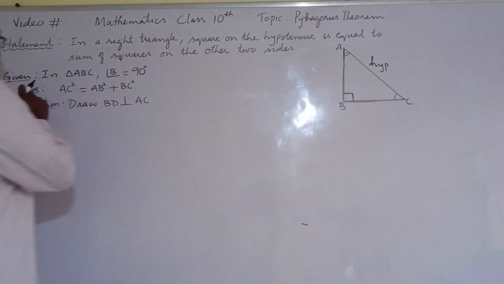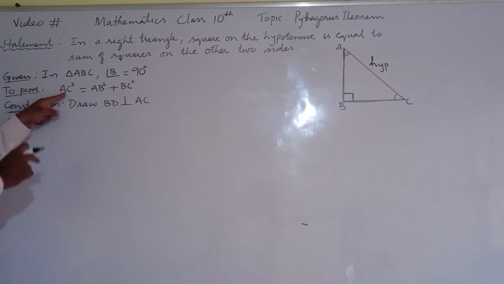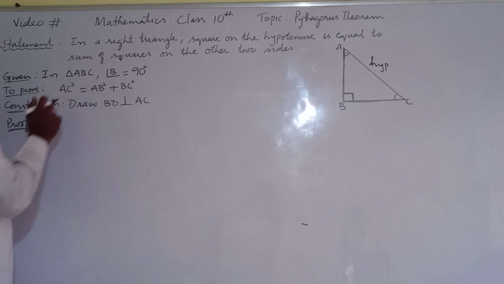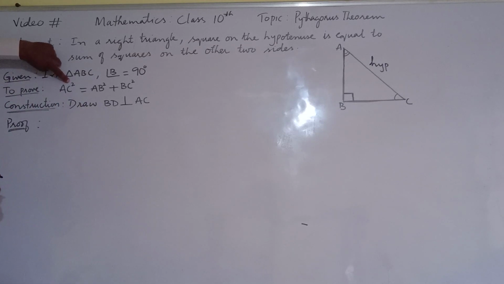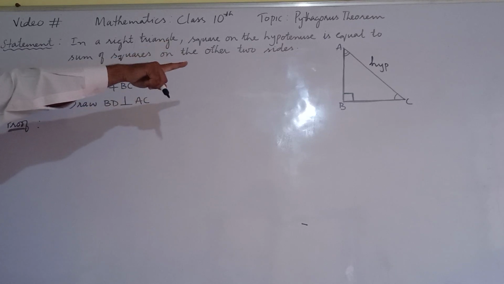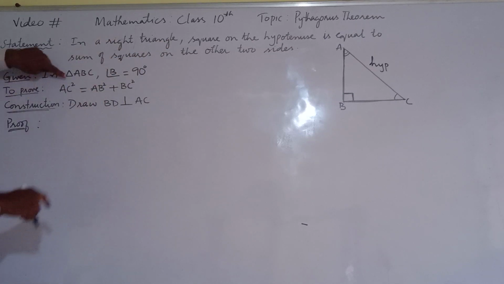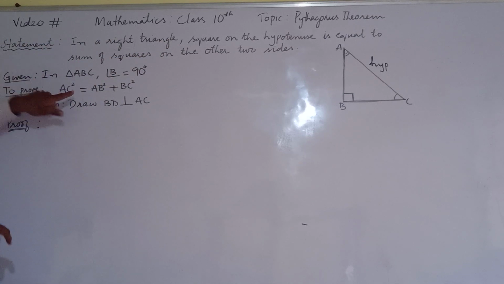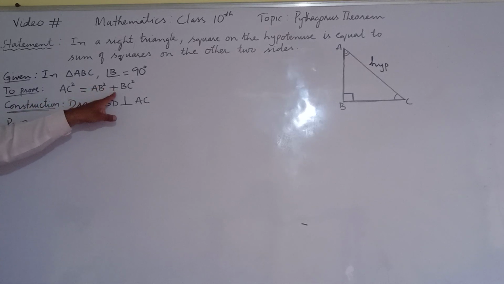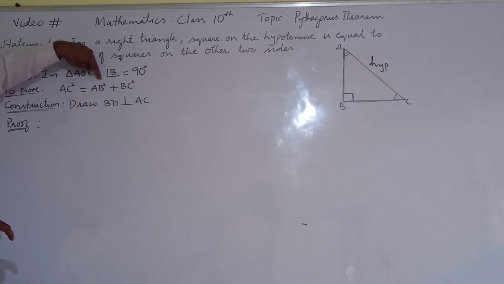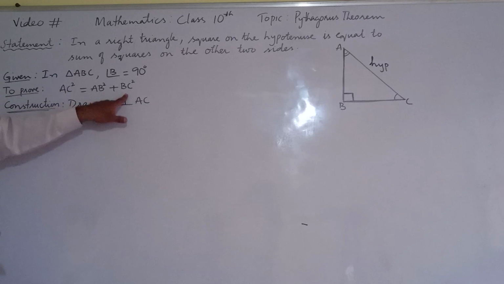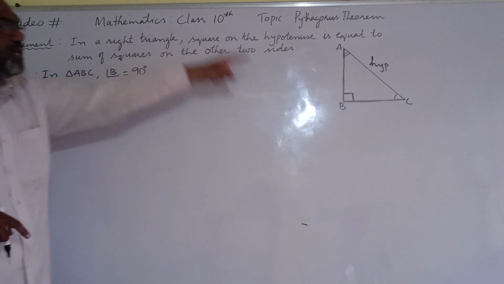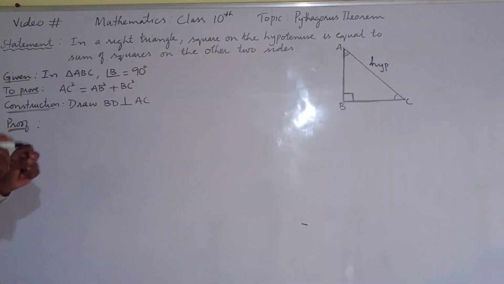Now, what do we have to prove? We have to prove that the square on the hypotenuse, AC is the hypotenuse as I told you, is equal to the sum of squares on the other two sides. What are the other two sides? AB and BC are the other two sides.